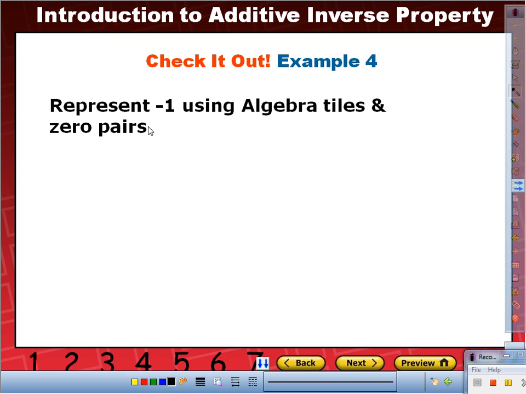Once again, represent -1 using algebra tiles and 0 pairs. Copy that. And then I want you to talk it over with your neighbor and see how you're going to do that with your tiles. Think about it. You have to use your tiles, and you also have to use 0 pairs. But at the end, it has to represent what? -1. Think it over, talk it over, agree on what you come up with. Then I'll call on someone.